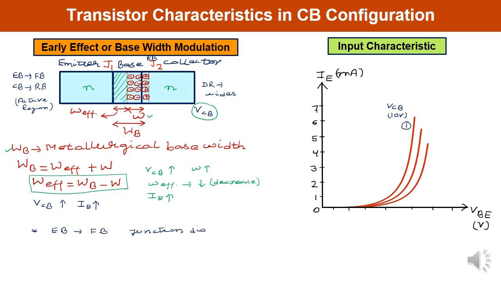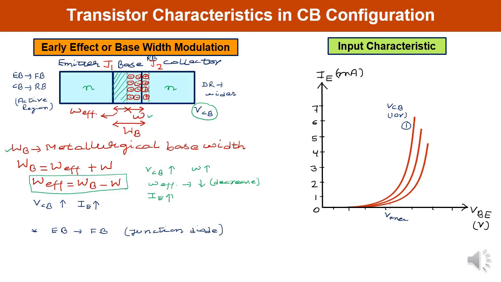So what happens here? When input voltage is increased, current will initially increase at a very slow rate, approximately 0, and once it attains the knee voltage, you can see this is the knee voltage. After this voltage, current will increase sharply. This is the manner in which you can plot this curve.